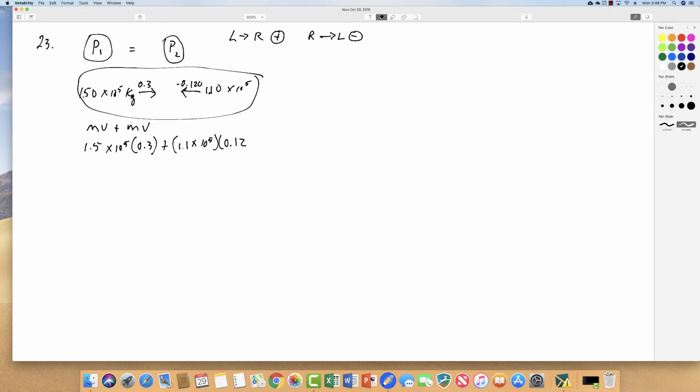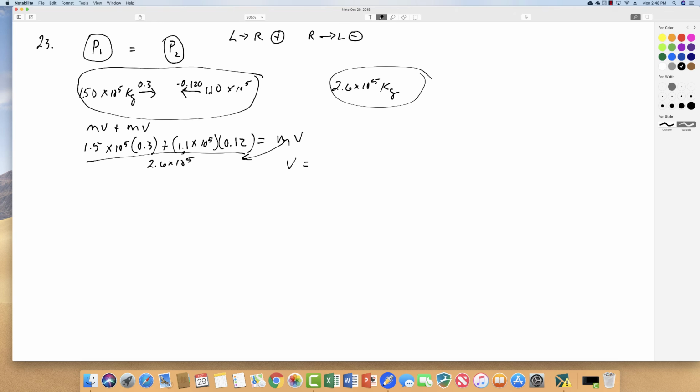So you add these two masses together, and you have 2.6 times 10 to the fifth kilograms. So this is going to have to equal the mass times the velocity of this single object. So if you take this and divide it by 2.6 times 10 to the fifth, moving this to this side, that will give you the velocity.